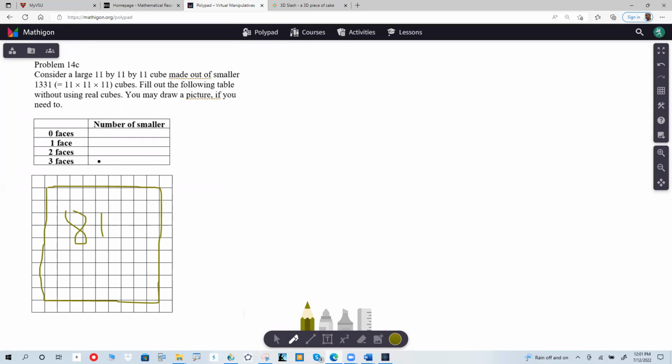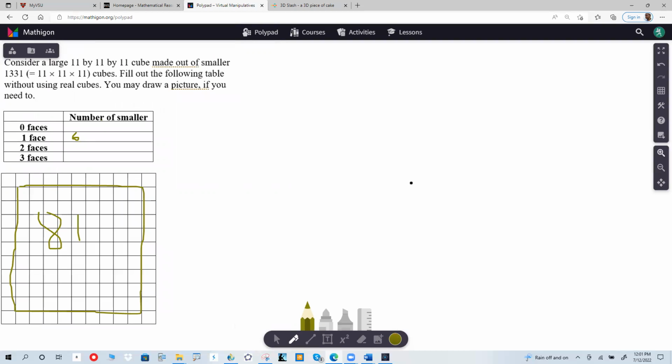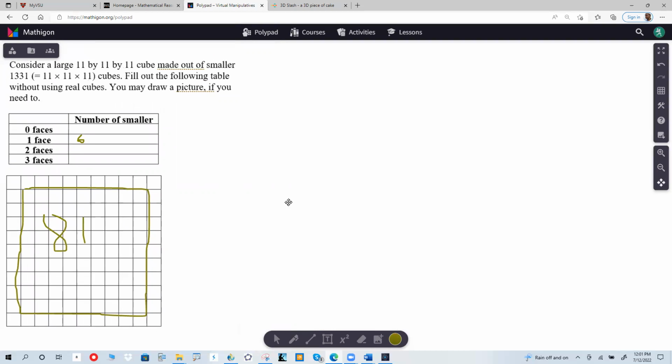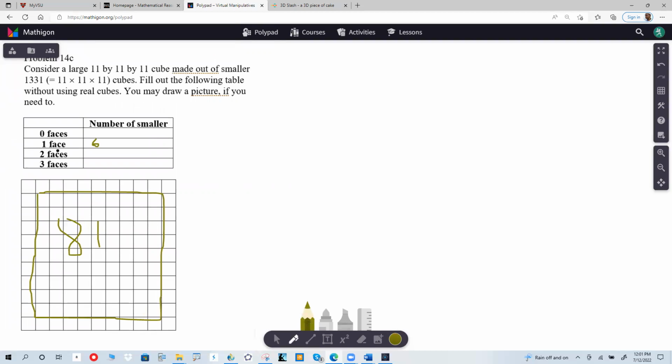I only circled one face. Made a bad choice, but we'll survive. 6 times 81 is 486.